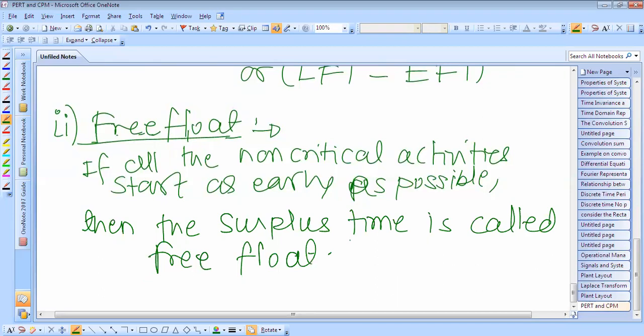Free float, if used, does not change the float in the latter activities. In other words, if the activity is delayed by the free float period, the succeeding activity will not be delayed.